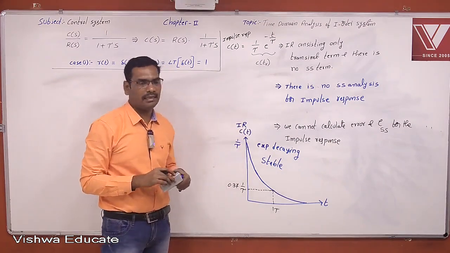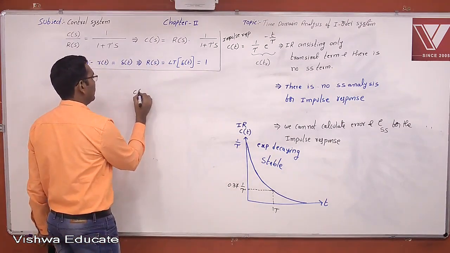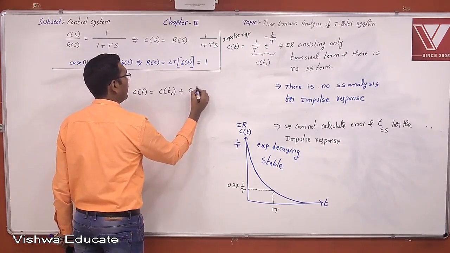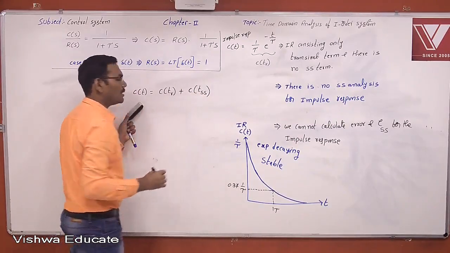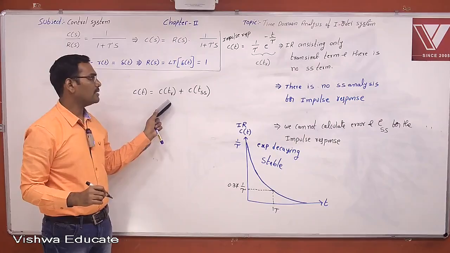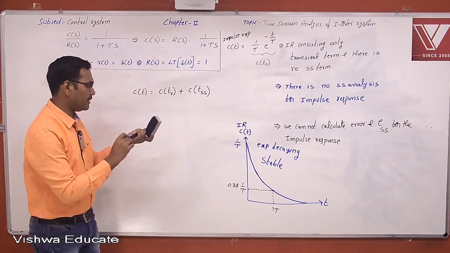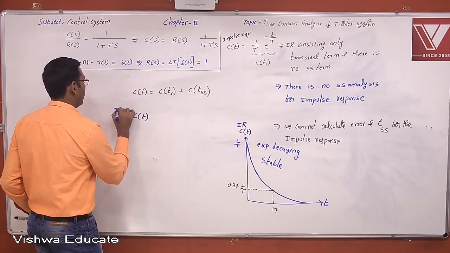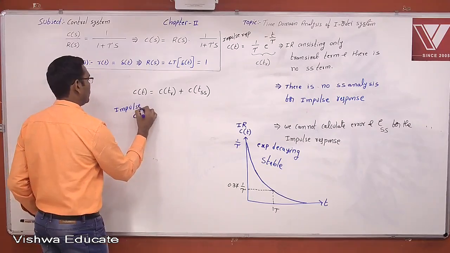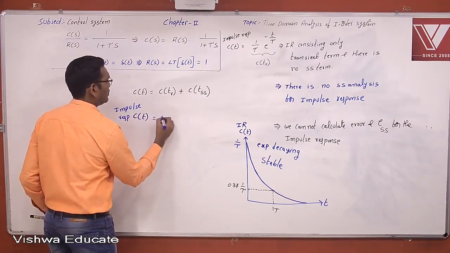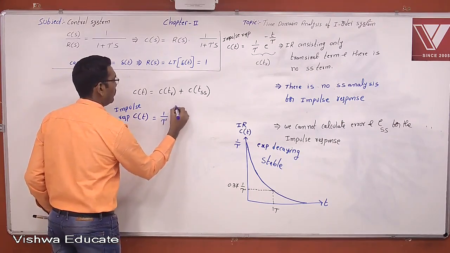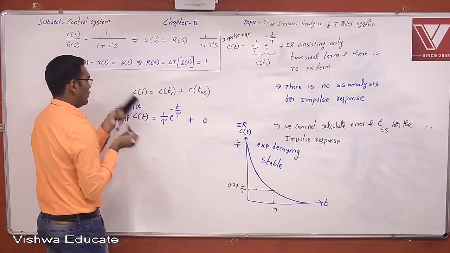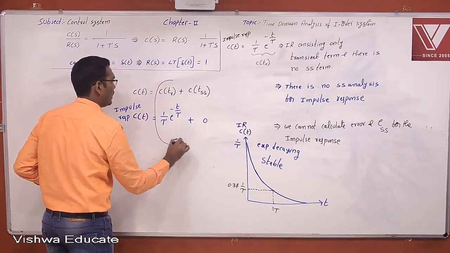The total time domain analysis is nothing but transient state analysis as well as steady state analysis, but this impulse response has only a transient term and there is no steady state term.